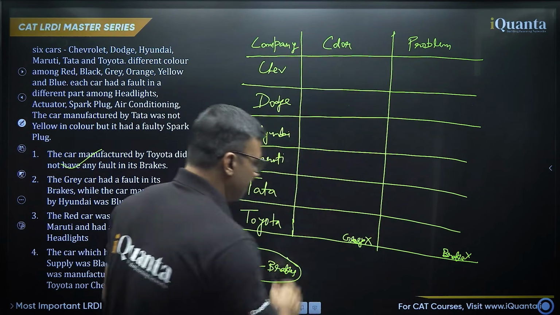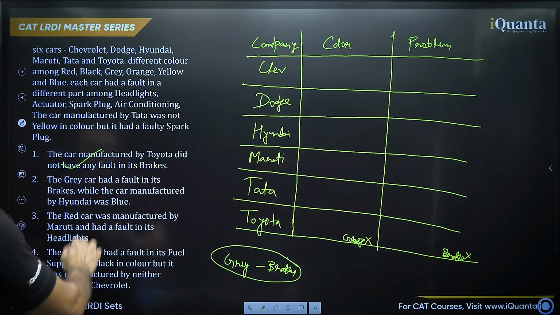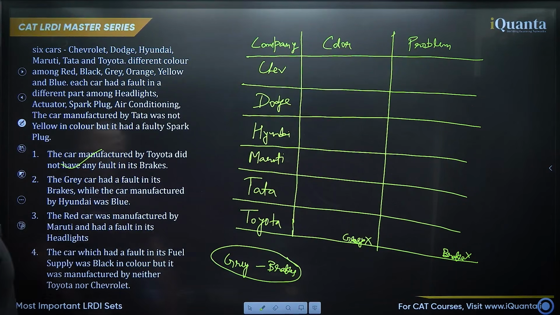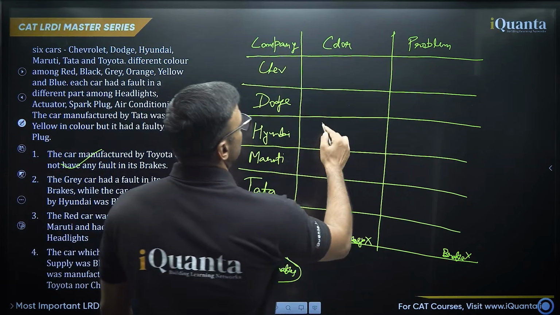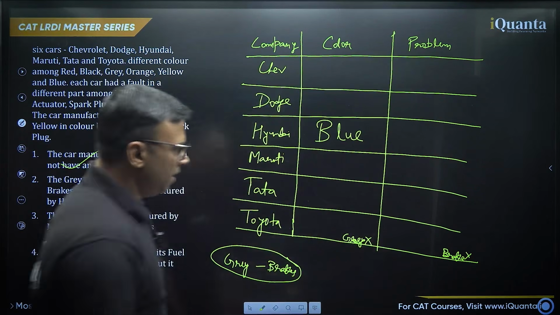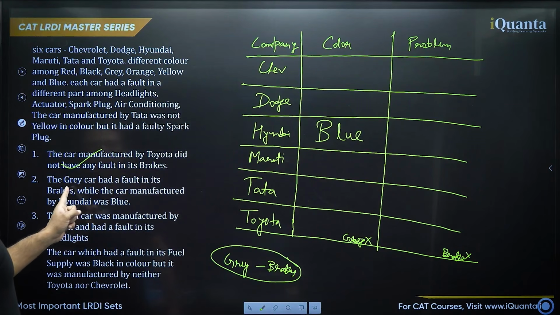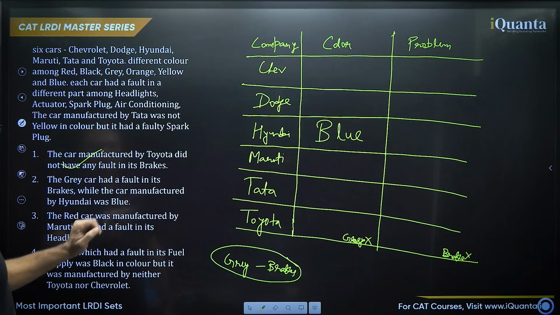So I'll write grey and cross it. Okay, so the grey car had a fault in its brakes, while the car manufactured by Hyundai was blue. So Hyundai was blue. So I write blue in large. So the elimination options, I'll write in small size, and the one that is confirmed, I'll write in large size.